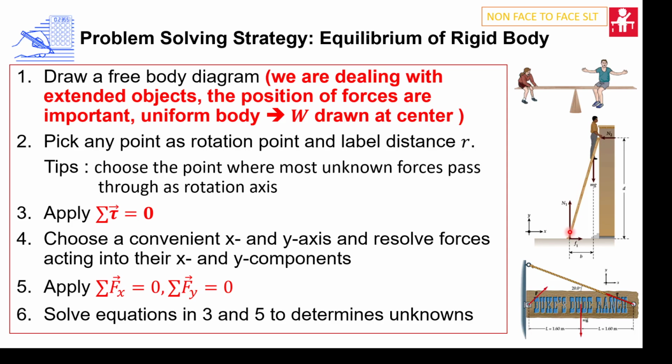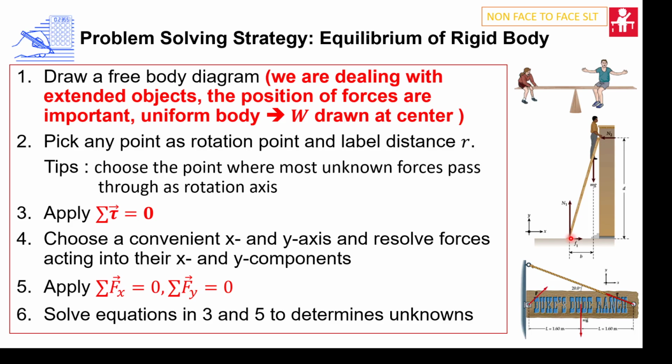There are two points that you need to know, point M and point N, and you can choose which point you want to be the pivot. Again, the pivot is the point where the thing does not move. Logically, when you stand on a ladder, the pivot point would be this point.